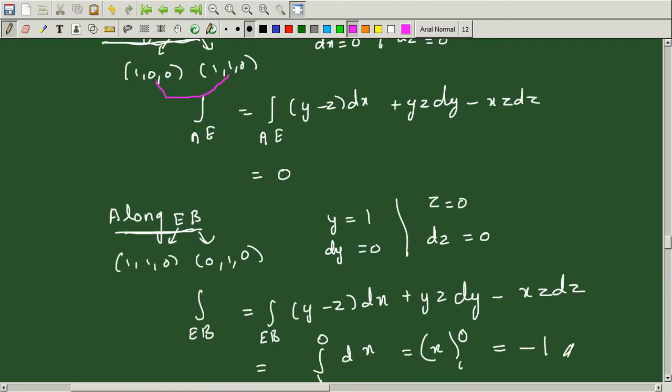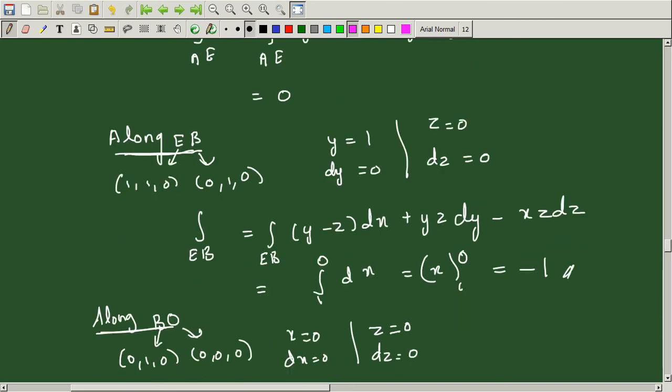Similarly, along EB direction, write the points and see which is common. Here this is the x-axis, so from E to B we consider the x limits, the lower limit 1 and the upper limit 0, dx, remaining other things 0.